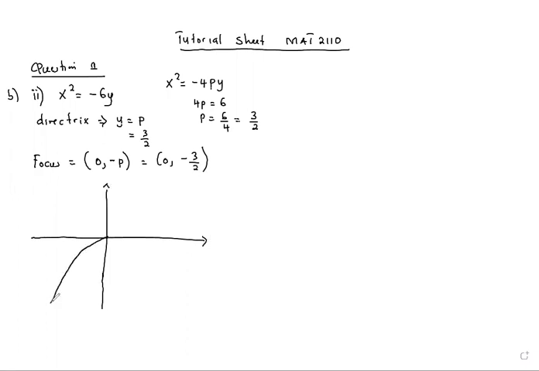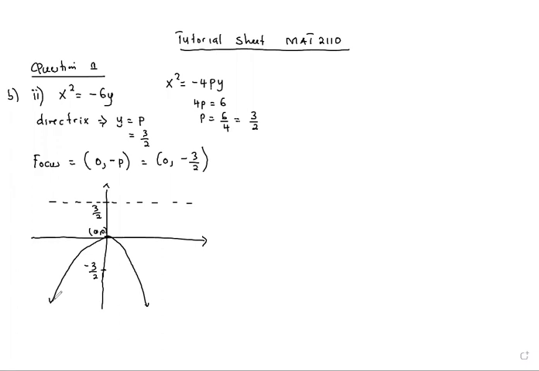The origin is a vertex. And then here we get negative 3 over 2. And then we'll have a line positive 3 over 2 as our directrix. So that's how we come up with our sketch.